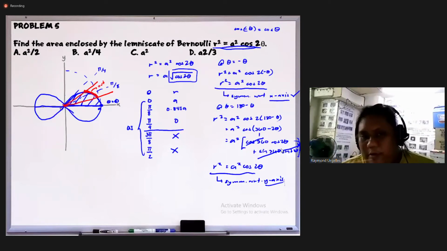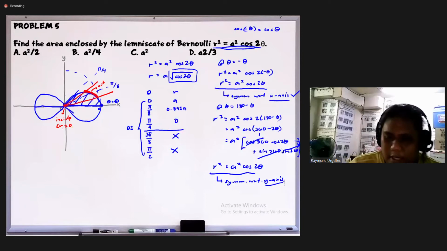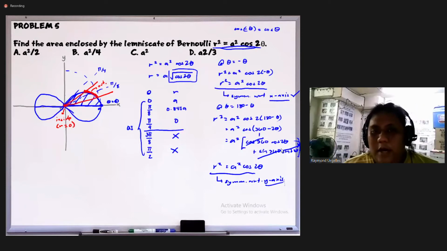And our inside boundary is the one at the origin. So the inside boundary is the radius at the origin, which is r equal to 0. The outside is the lemniscate, r squared is equal to a squared cosine of 2 theta.